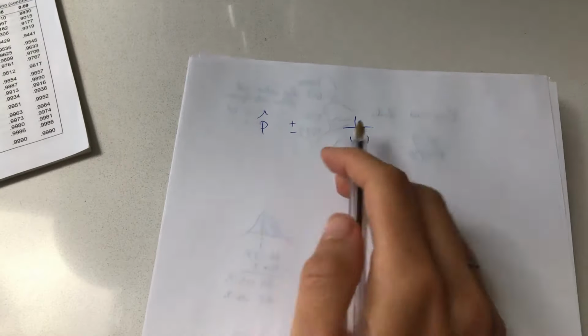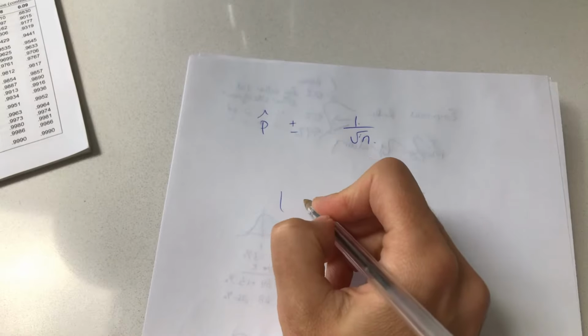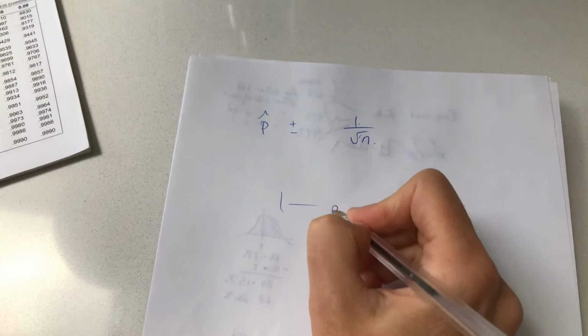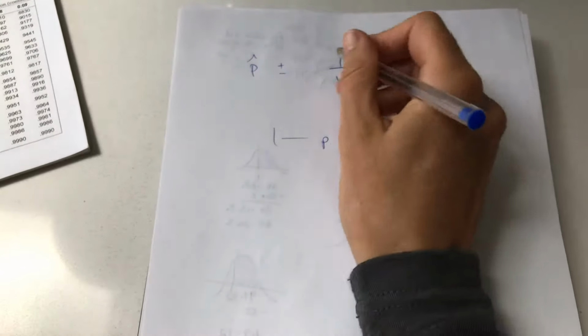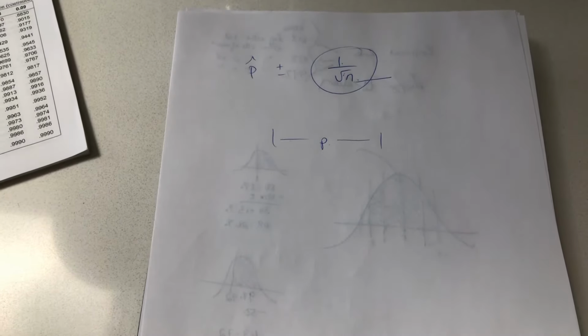You just have 1 over root n plus or minus 1 over root n, and that's how you create your interval in this situation. Okay, n being the size of your sample. So you can see it's a much faster and definitely more straightforward way of creating your interval. And again, as I said, I would never do that unless specifically asked to.